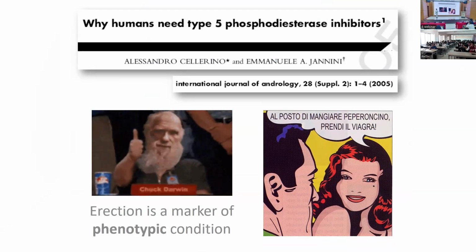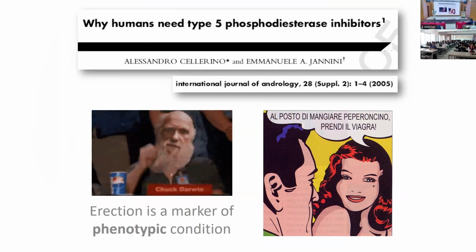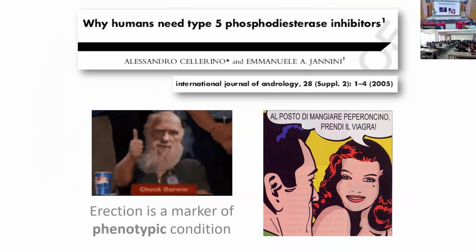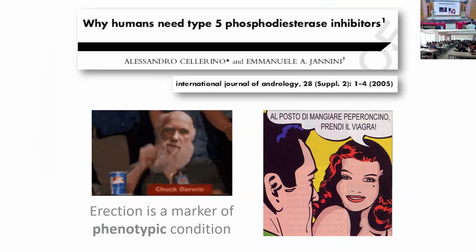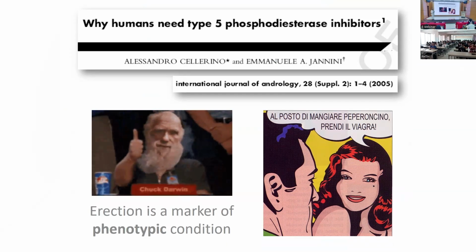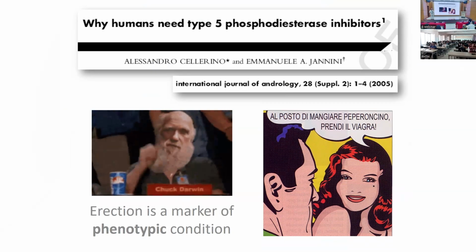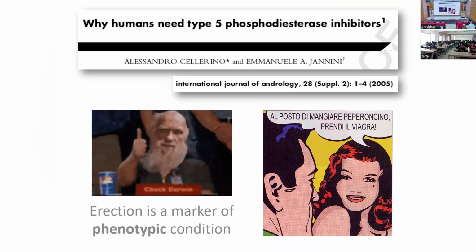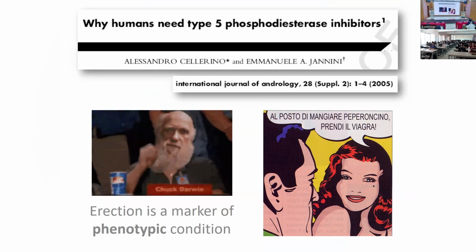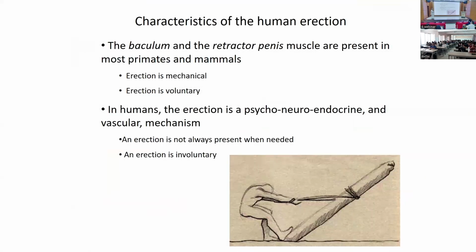So we tried to produce our own idea to explain why we lost this very important bone, this very important baculum. The idea is that not having the bone, which is definitely a handicap, is very, very useful for the species. And the demonstration is that one.